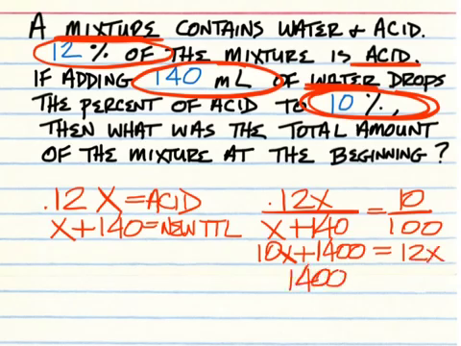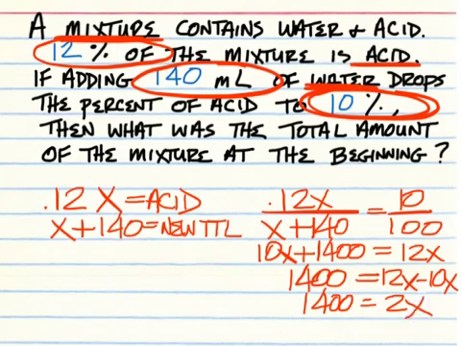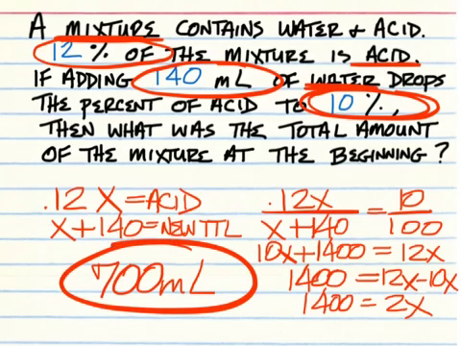Keep your 1400 here and move the 10x to the right, change the sign. You should get 2x on the right, and when you divide by 2, you should get 700 milliliters of water and acid from the beginning of the problem.